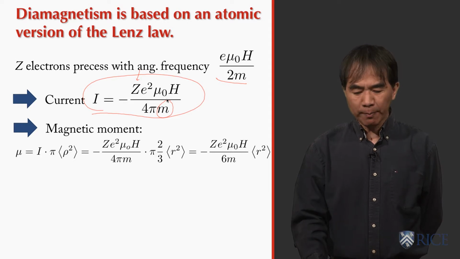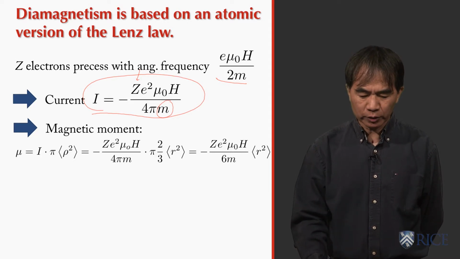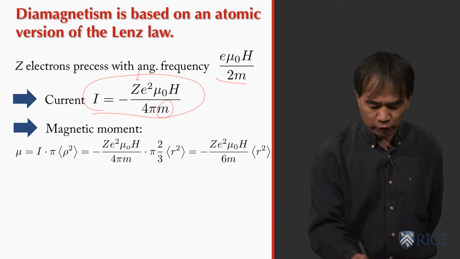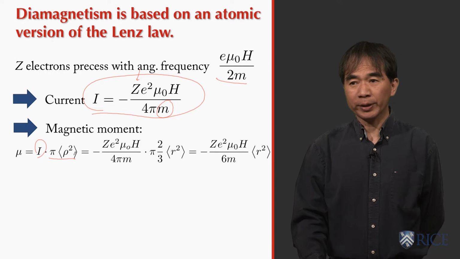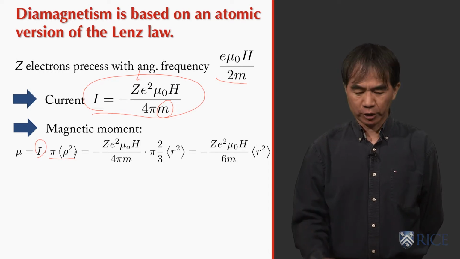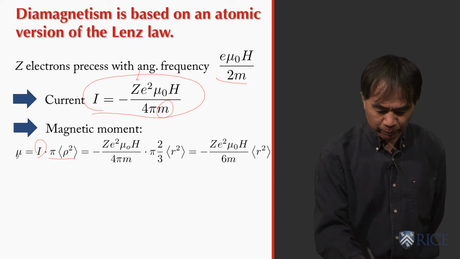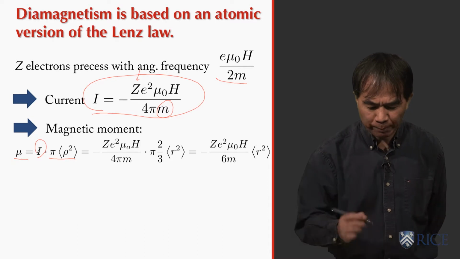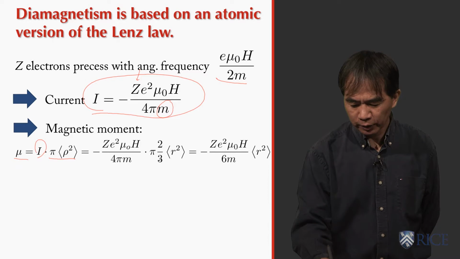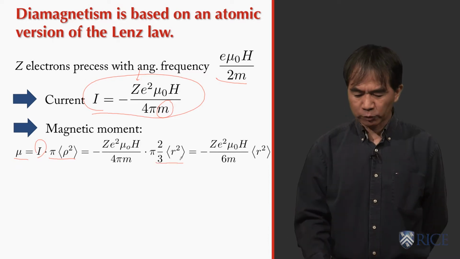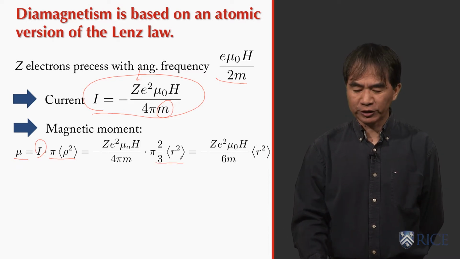And then the magnetic moment produced by such a current will be proportional to the current, and proportional to the area covered by this current. That means you would have a moment equal to I multiplied by pi rho squared, and rho squared, of course, is proportional to the average radius of these electrons.